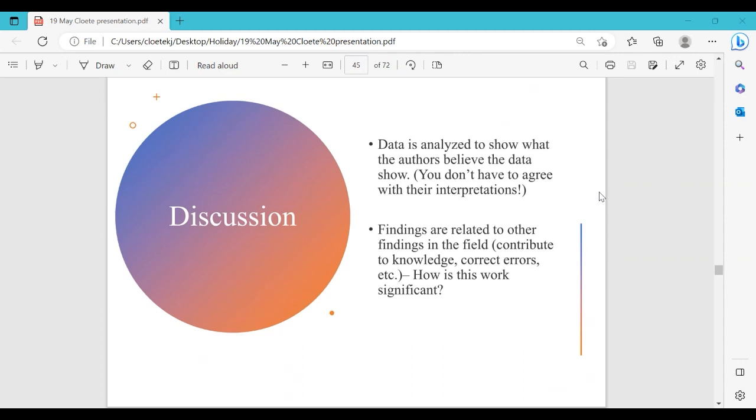Also the authors may include information on the limitations of the study, and then you can try to address the limitations of that study with your own work, right? Then also very importantly, when you read a discussion section, you don't always have to agree with what the authors mention. Sometimes there are a lot of mistakes in publications. There could be a different explanation for what they've achieved.